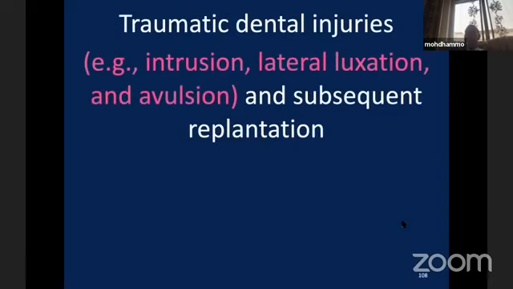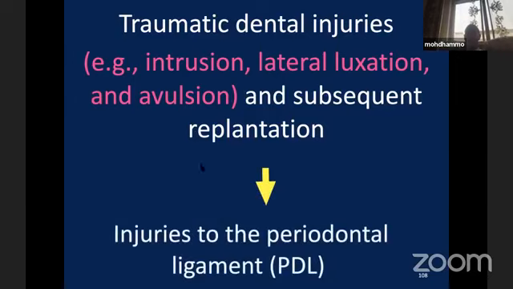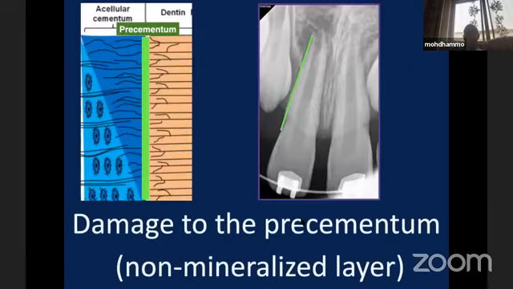What is happening when we have a trauma? Traumatic dental injury, luxation or avulsion, and we take this tooth and replant it if it is avulsed. What will happen now? It will cause injury to the periodontal ligament. And this injury will affect the protective layer which we mentioned previously, which is the pre-cementum.